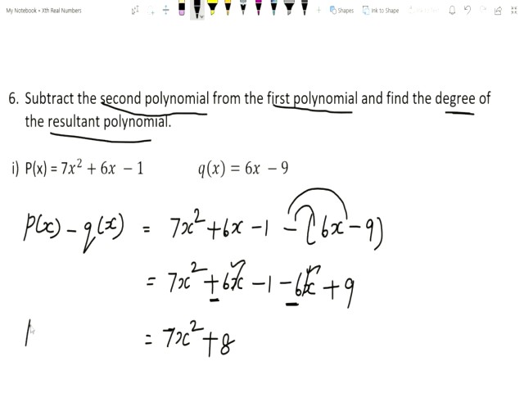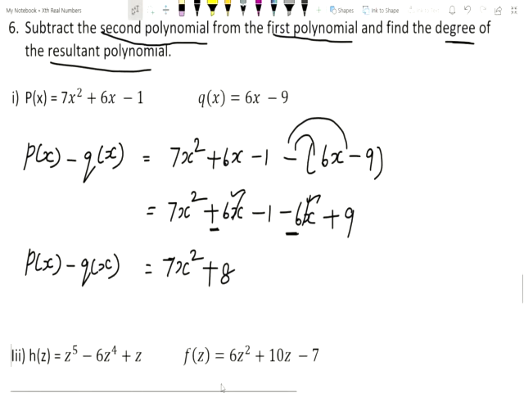So p of x minus q of x equals 7x square plus 8. Next we need to find out the degree. See here, the highest power: the power is 2, and here the power is 0. So the highest power is 2. Therefore the degree of the polynomial is 2.